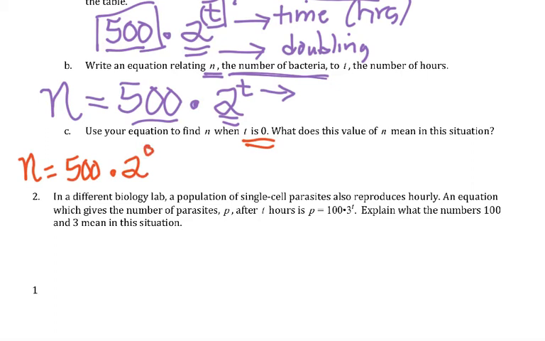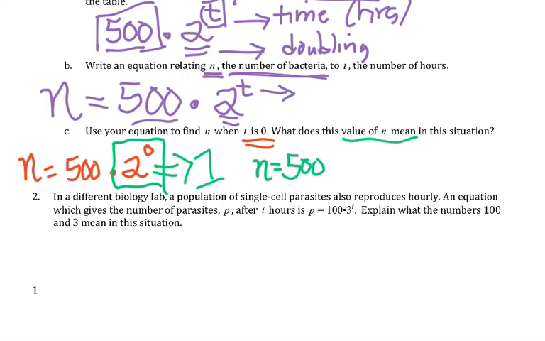So take a look at that. What do you remember that I told you about 2 to the power of 0? I hope you're yelling at the computer going, it's 1, Mrs. Hannafarth, it's 1. So therefore I say to you, what is 500 times 1? N is equal to 500.